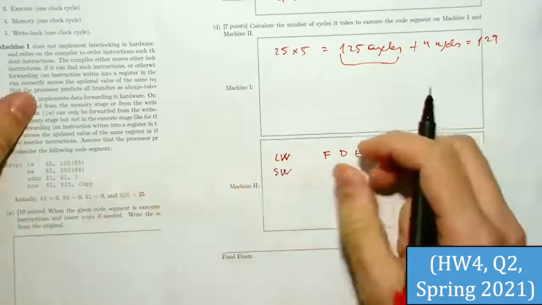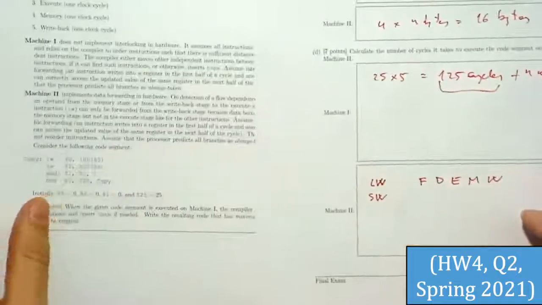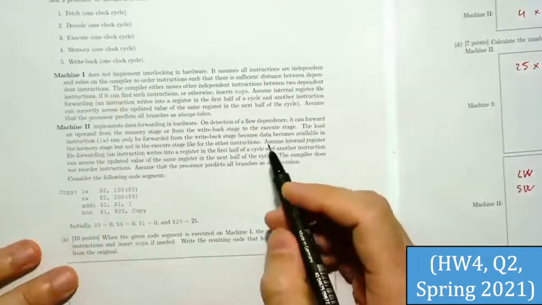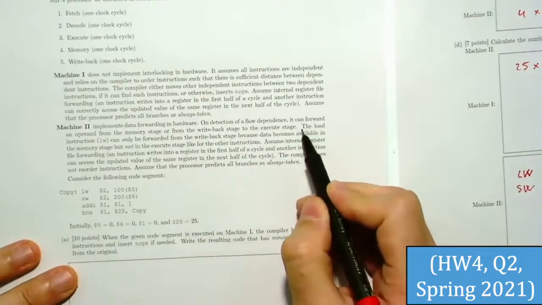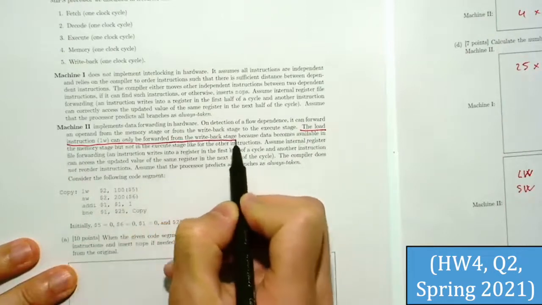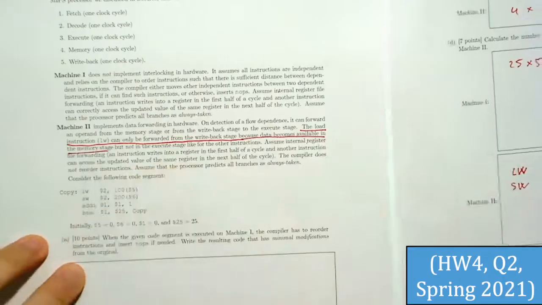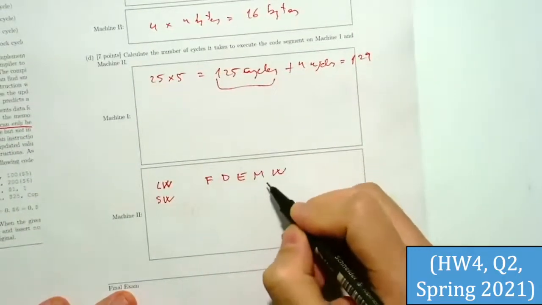So on the store, we've seen the definition of the machine, that the load instruction can only be forwarded from the write back stage because the data becomes available in the memory stage. So the data becomes available here.